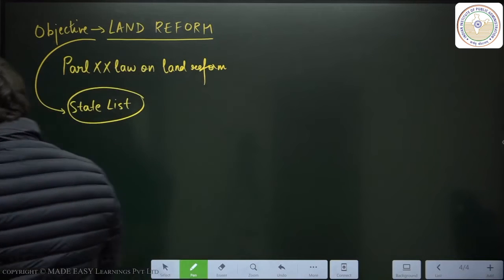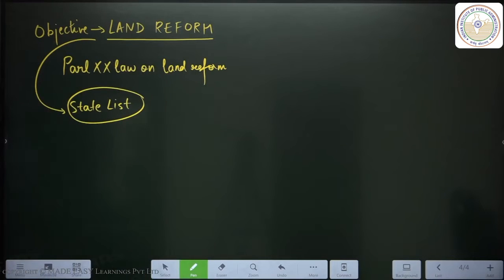And because land is in the state list, you as the parliament have absolutely no locus whatsoever, no standing whatsoever to make a national land reform law.